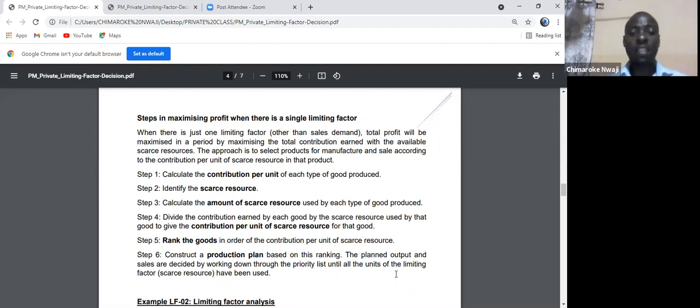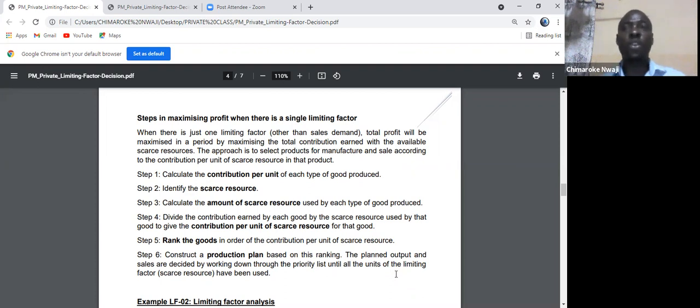For you to understand, let's take the steps one after the other. There are about 6 steps for us to maximize our profits when there is a single scarce resource, which we call a single limiting factor. First of all, we need to calculate the contribution per unit of each type of goods produced.